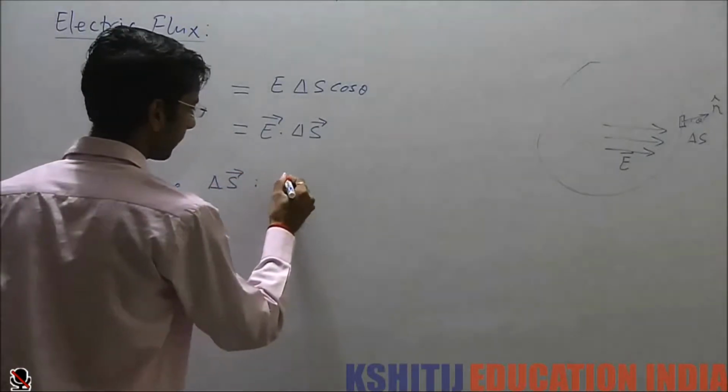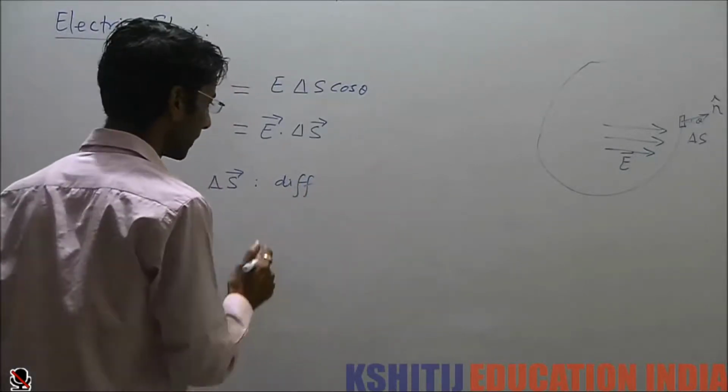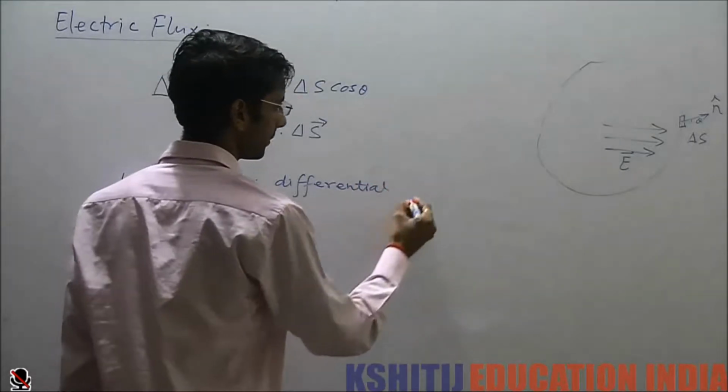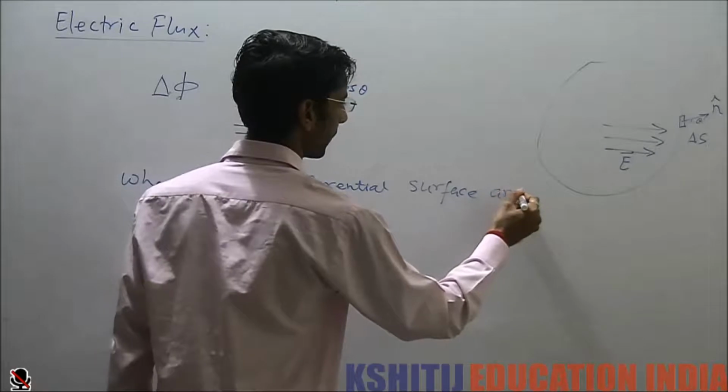This is called differential because we are using a differential element over here. So this is the differential surface area vector.